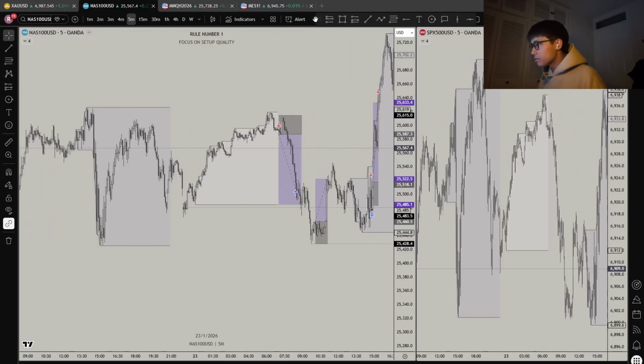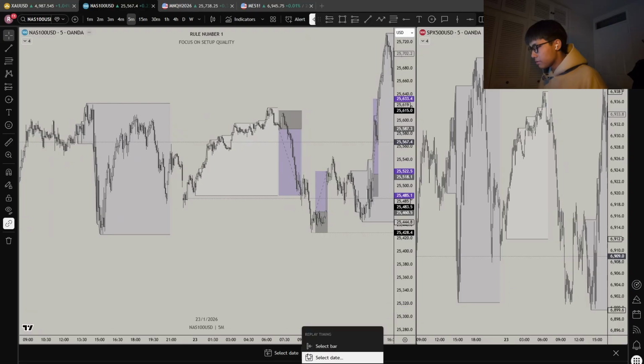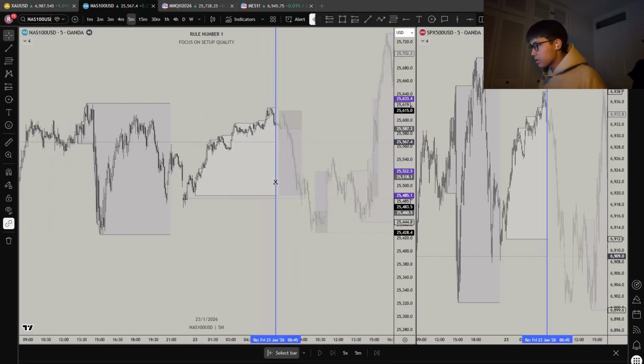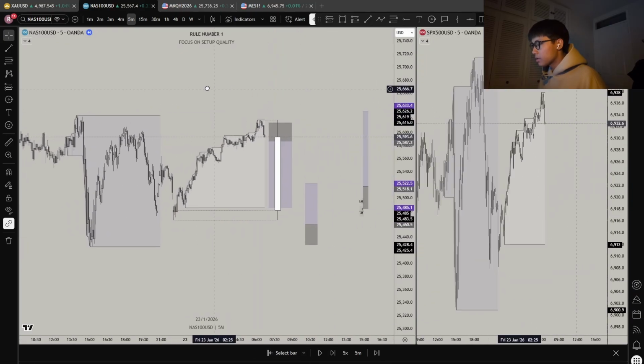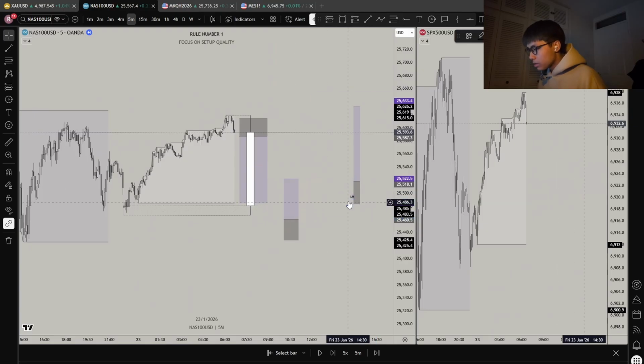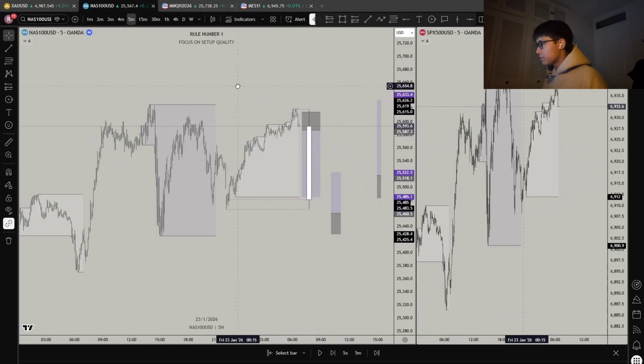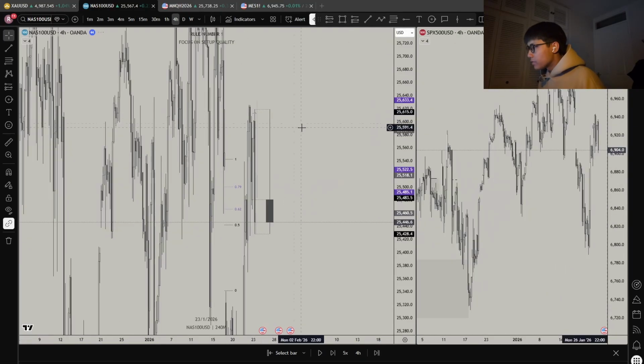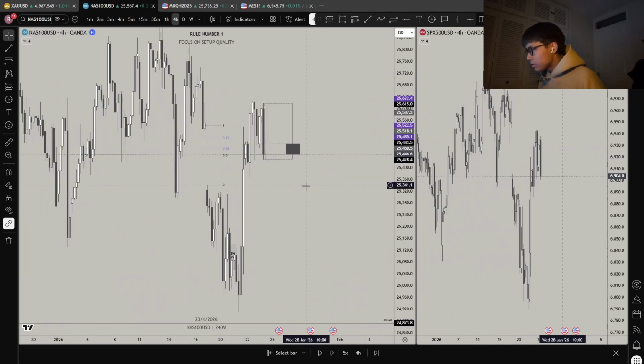Okay, starting with this trade, the first one, going over the draws on liquidity.